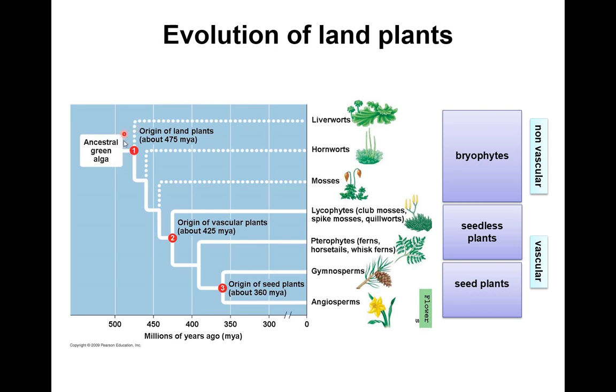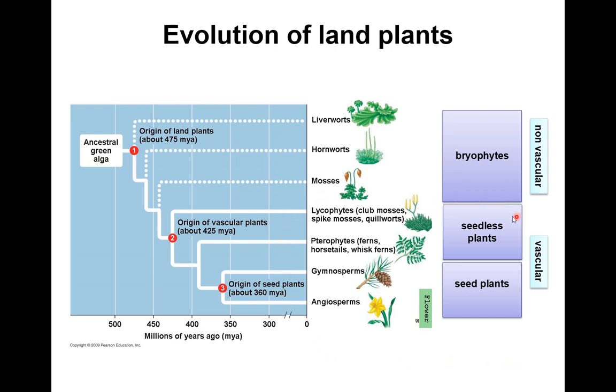And these plants would have been fairly similar, and we still have some plants similar to that, which are referred to as non-vascular plants, which are grouped as bryophytes. There are different types, we'll discuss them later on. Then, later on, around 425 million years ago, plants start developing their vascular system. And so we have a group of plants referred to as vascular plants that start appearing.